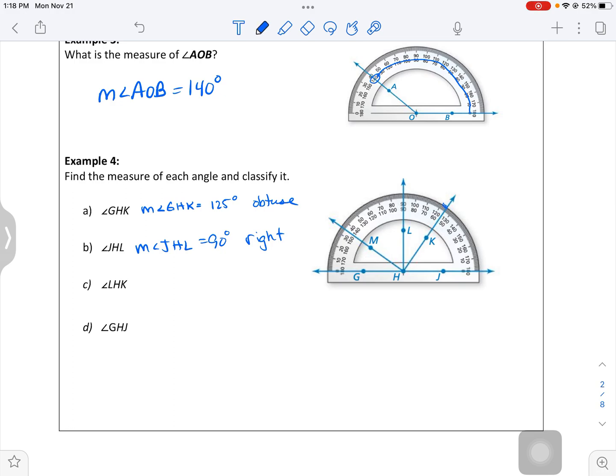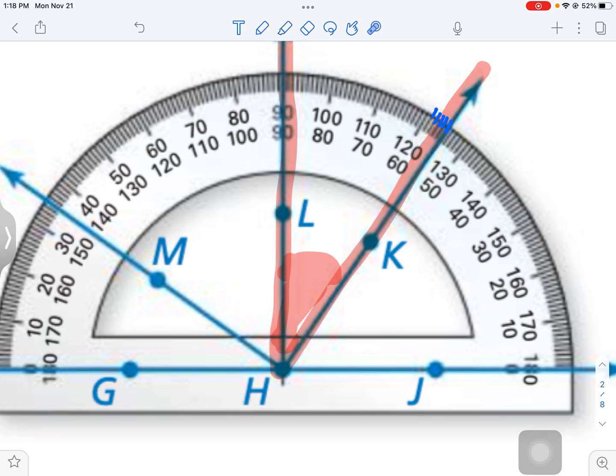Measure of angle LHK. So I go from L to H to K, so I want this angle in here. Okay, so it's not on one of the flat surfaces over here. So we just got to count between them then. All right, so we are at 90.